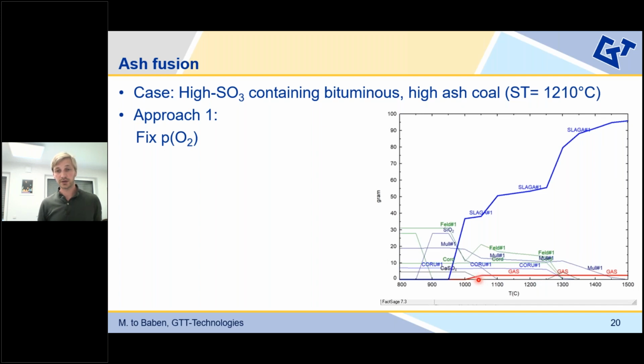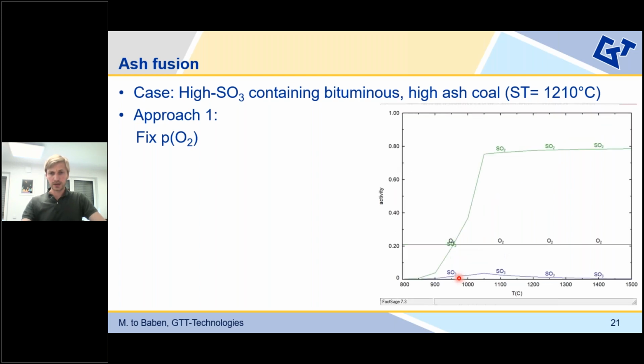What you see here is that the slag phase starts to form around 950 degrees C. At 1000 degrees C or a little bit above that, you start to form a gas phase. And all the other solid phases must not really bother us right now. Is this realistic?